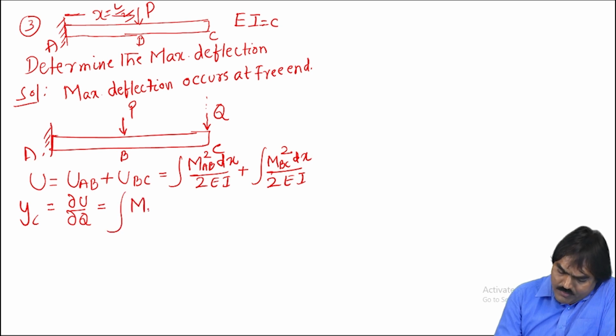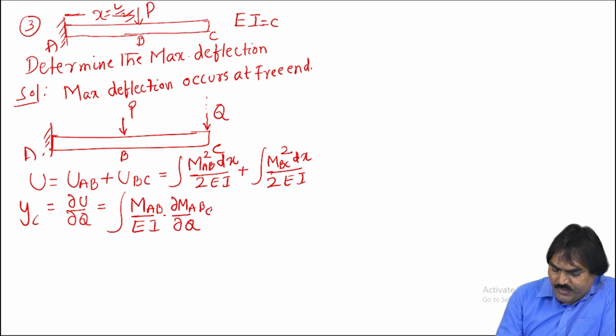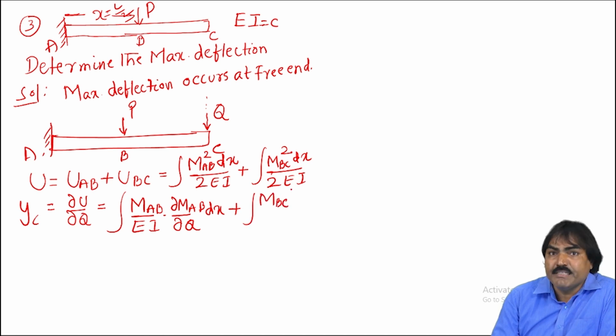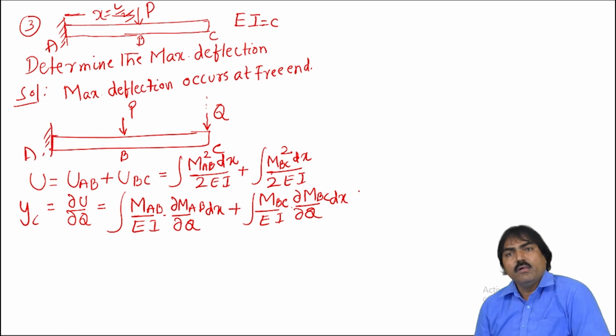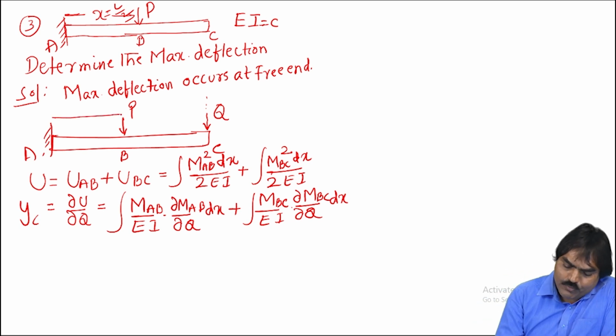This is MAB by EI into dou MAB by dou Q into dx plus MBC by EI into dou MBC by dou Q into dx. Okay. So now, if this is L by 2, this also will be L by 2. Okay.